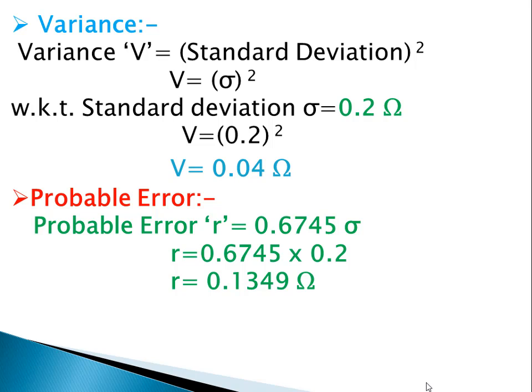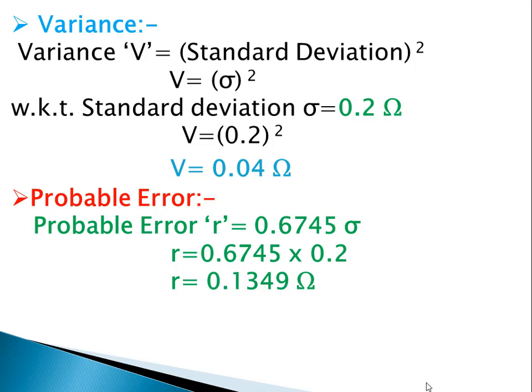And the last term, that is probable error. Here probable error R is equal to 0.6745 into sigma. You know that sigma is equal to 0.2 ohm. Now substitute the value in the given equation, so that probable error R becomes R is equal to 0.6745 into 0.2.